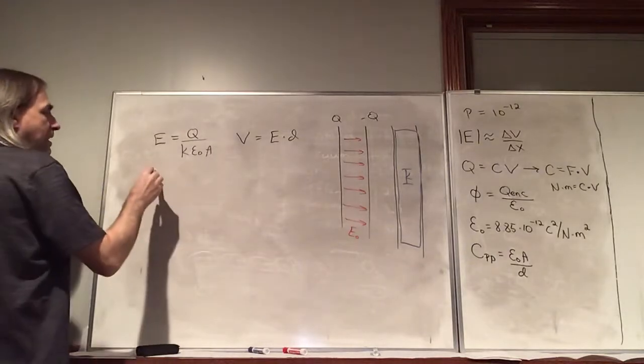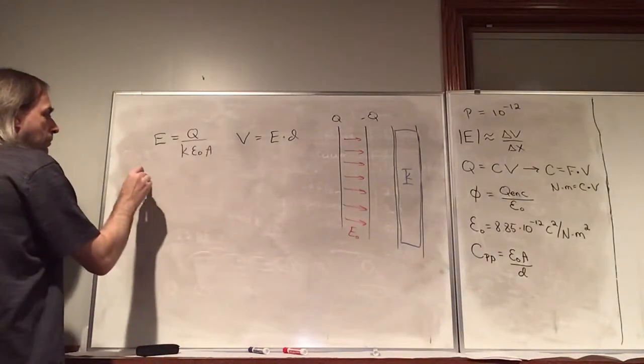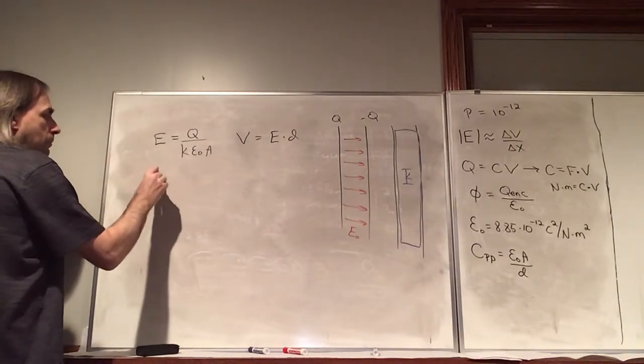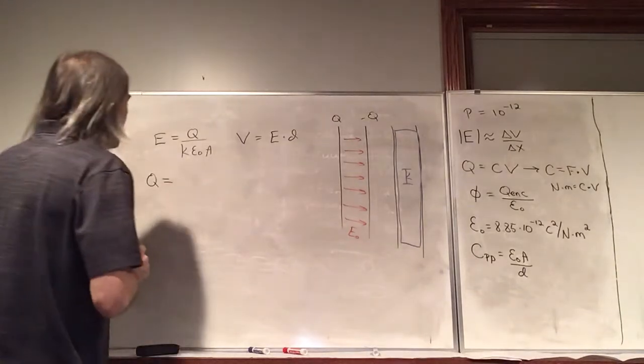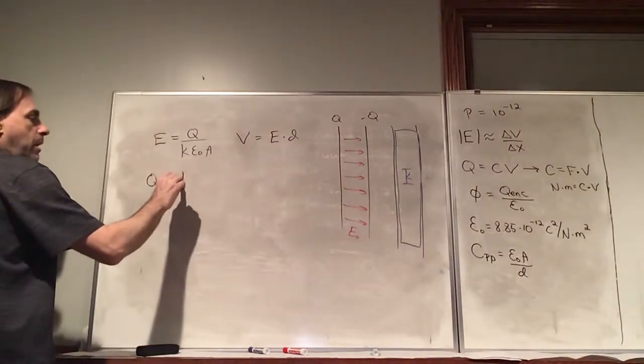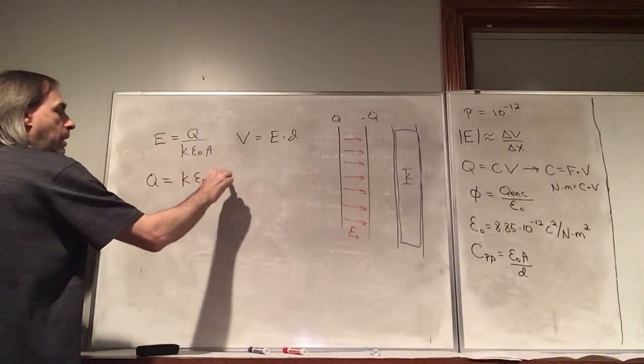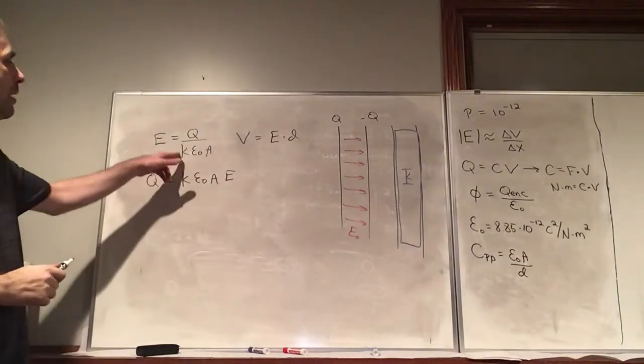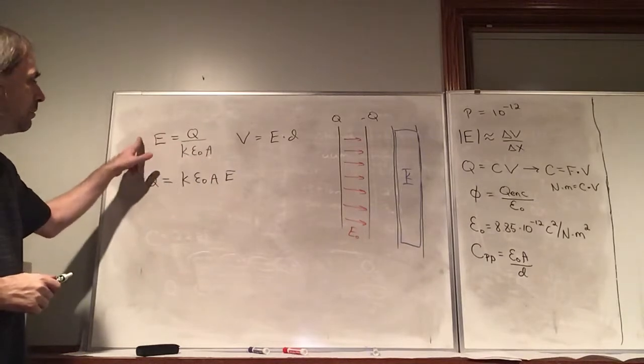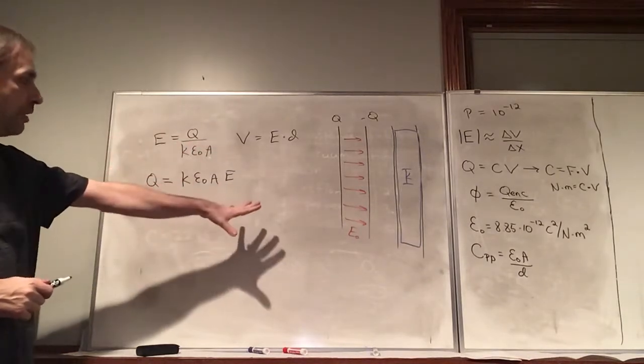And so let's put these together. So here we have Q would be kappa epsilon naught A E. So we have kappa epsilon naught A. We moved all that over. So that's Q.